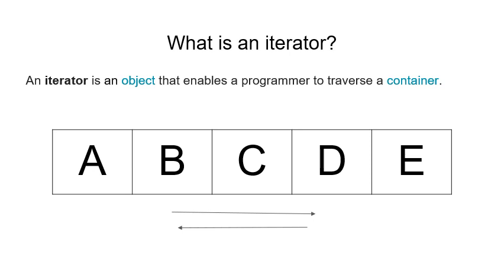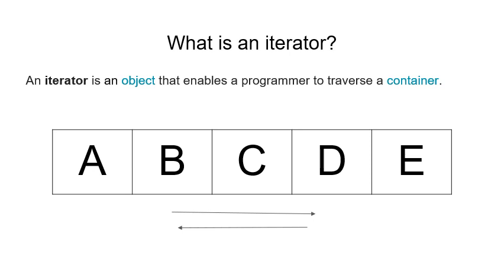First, let's discuss what an iterator actually is. An iterator is an object that enables a programmer to traverse a container. In our example here, we have a container that holds the letters A, B, C, D, and E. When dealing with iterators, it doesn't really matter what type of data is stored, or even how we implemented the container.